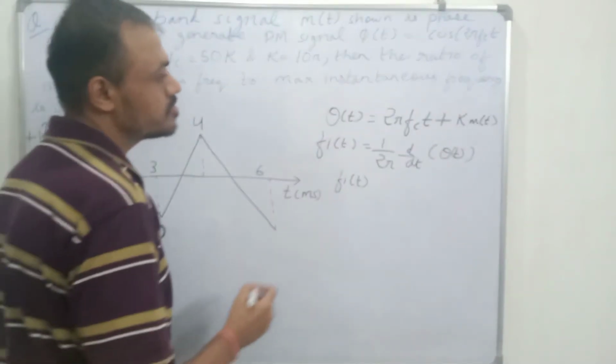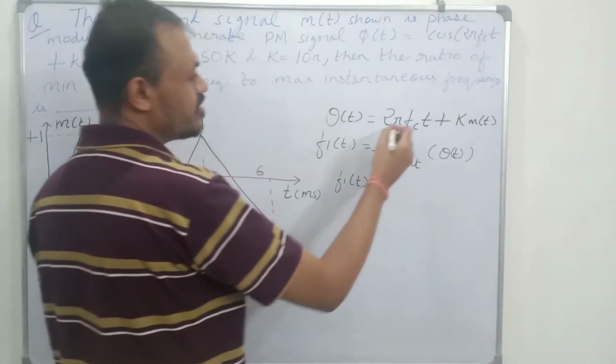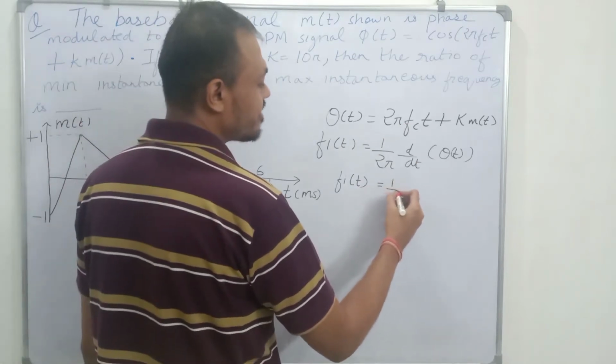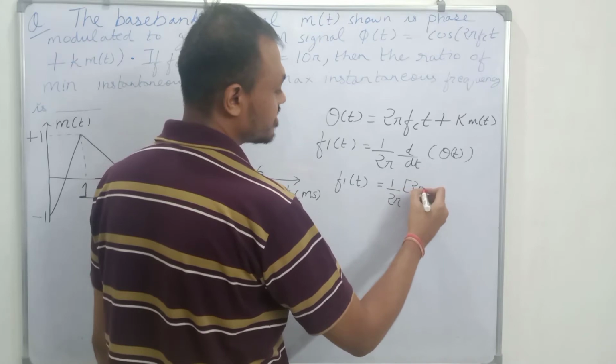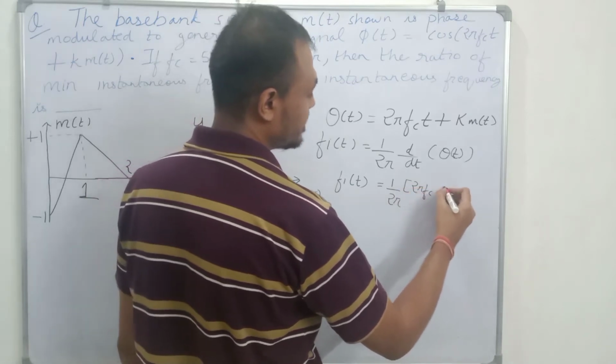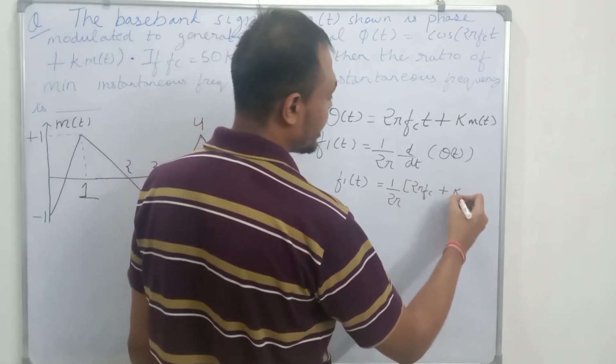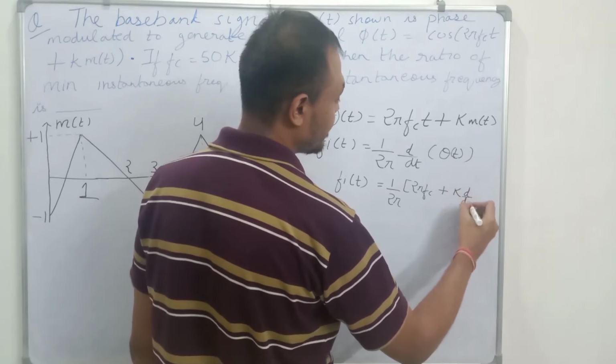be equal to 1 upon 2 pi into 2 pi fc plus k into d by dt of m(t).